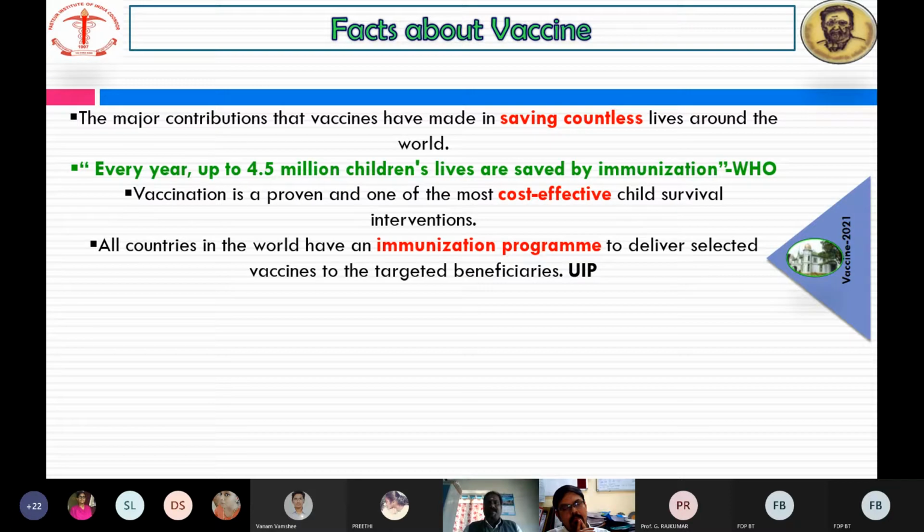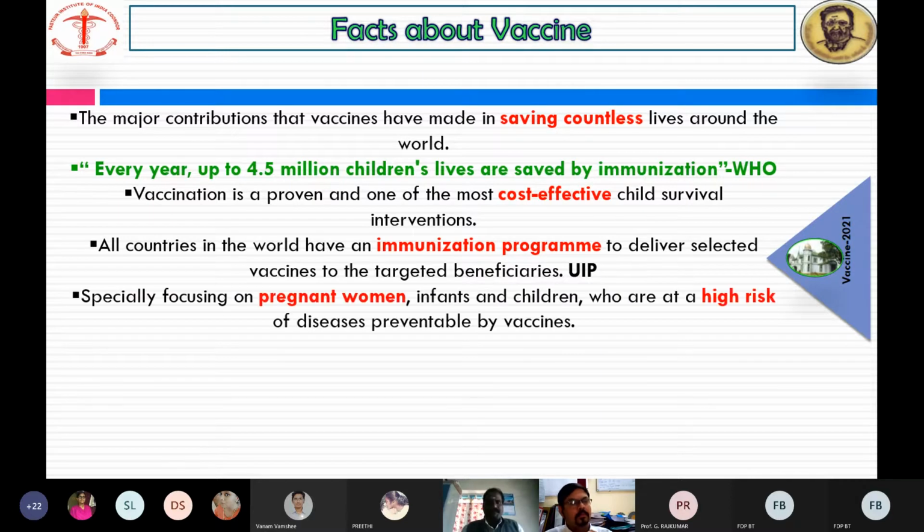In India, we have our own program called the Universal Immunization Program, previously called the Expanded Program for Immunization. The UIP is targeted to particular beneficiaries, especially pregnant women. Pregnant mothers are vaccinated with tetanus toxoid, Td, during pregnancy.